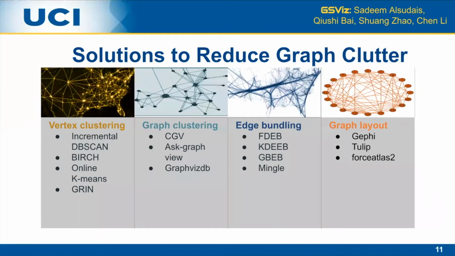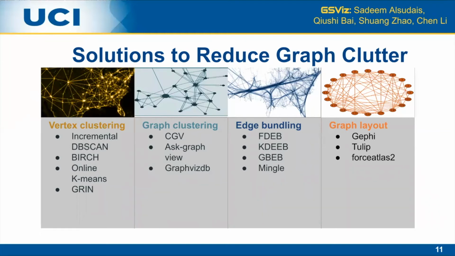Vertex clustering and graph clustering works reduce the number of elements on the screen by clustering the points or vertices. Vertex clustering works cannot directly be applied in the setting because they care about the points independently and not the edges between them. Graph clustering works, on the other hand, they do care about the edges. However, they have the freedom to move the points all over the plane, and they don't have the restriction of geospatial networks.